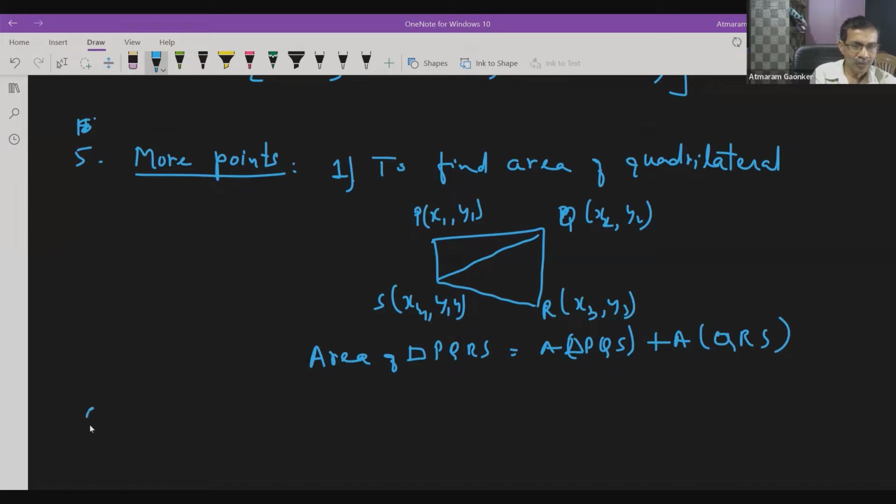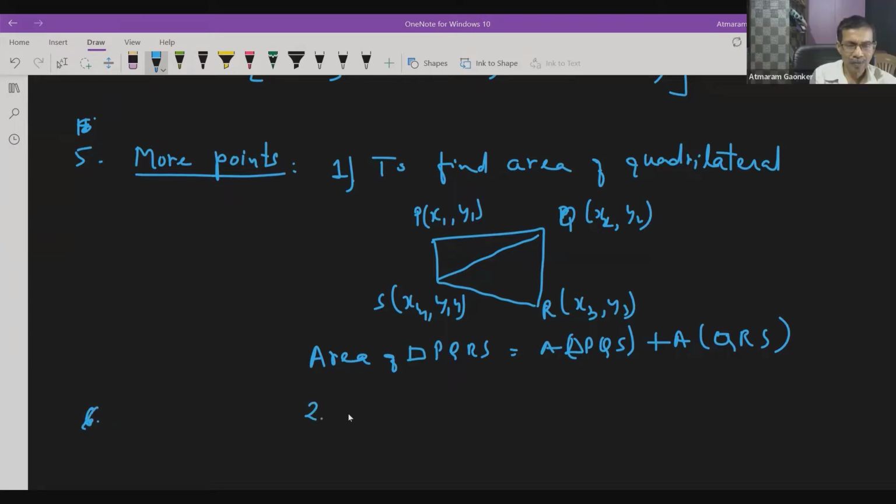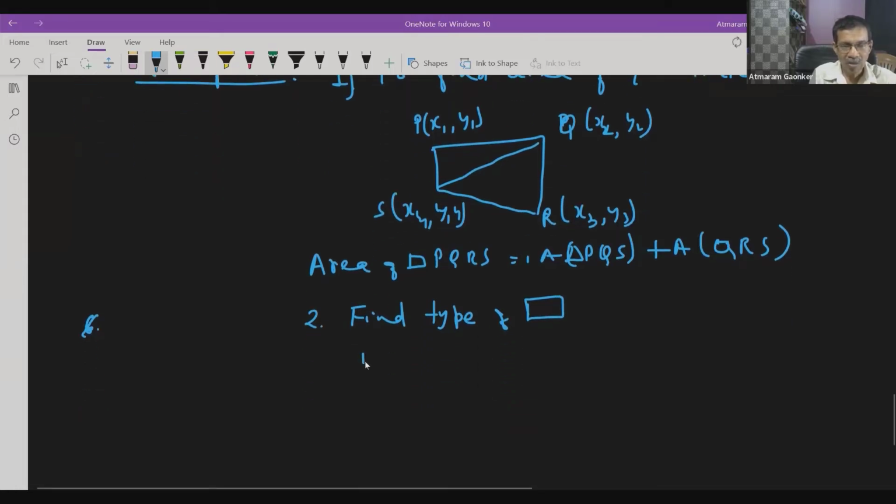Then there is a second point. Find the type of quadrilateral. The first thing, it can be a square.